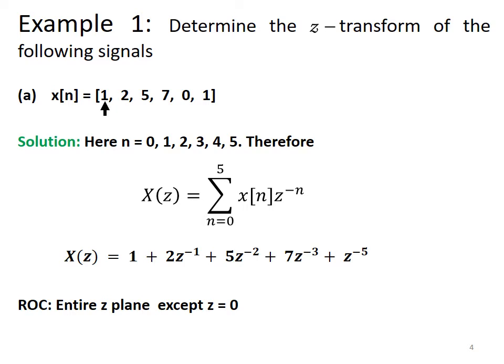Causal sequence means it only exists for n equal to 0 or greater than 0. It doesn't have any value for negative values of n. So it's a causal sequence, it is a finite sequence, and for a causal and finite sequence we have the region of convergence as the entire z plane except z equal to 0.